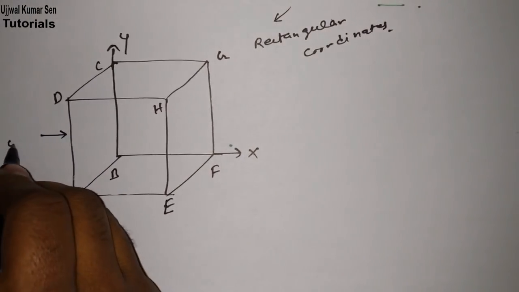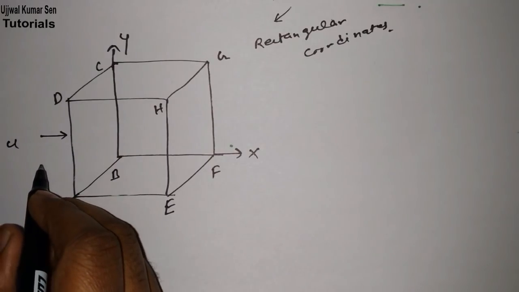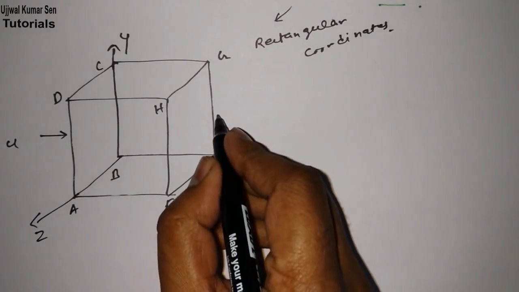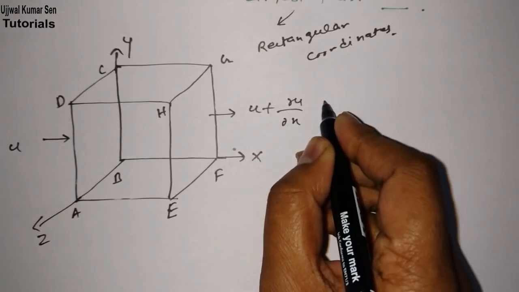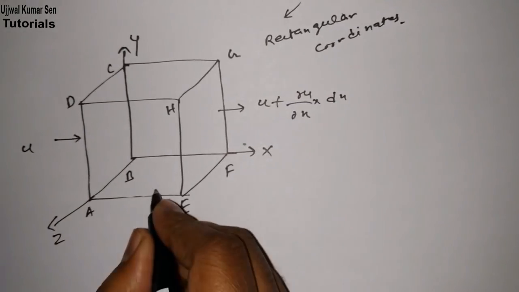Suppose that through this x direction the fluid is flowing with velocity u. Therefore the outgoing velocity would be u plus ∂u/∂x dx across one little area.